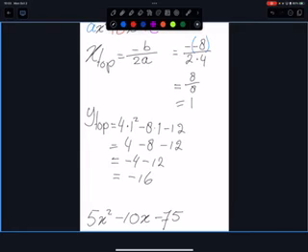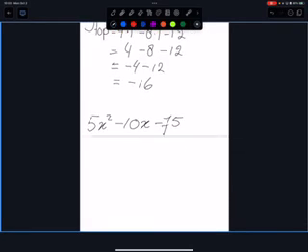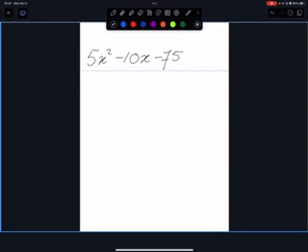So, sketch the formula. Sketch this equation.